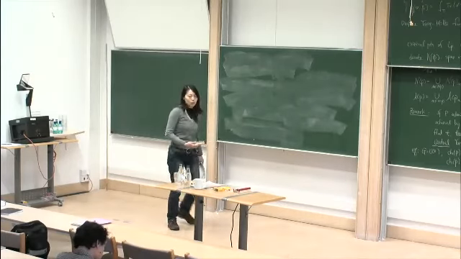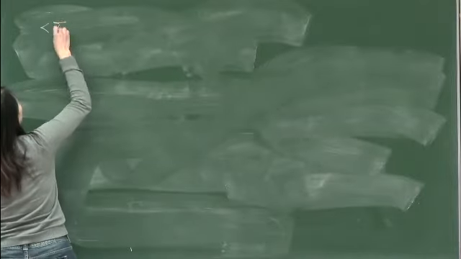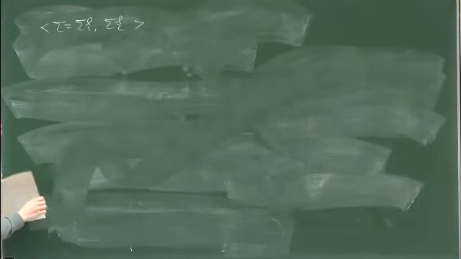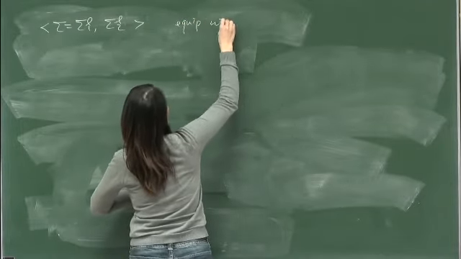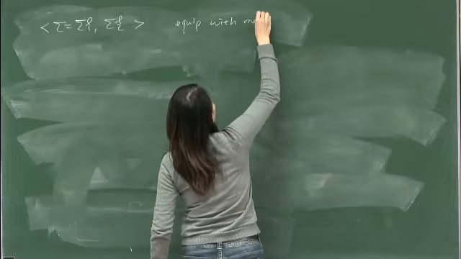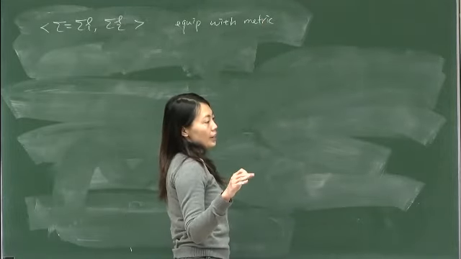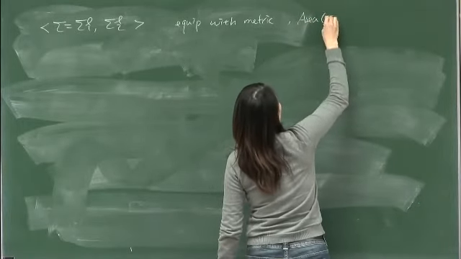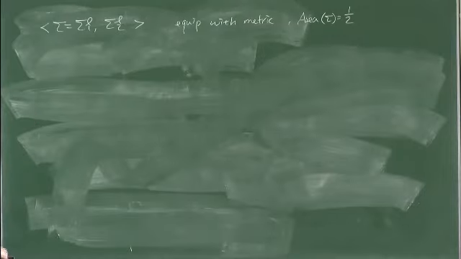Okay, so let sigma now be a non-orientable surface. We also equip it with a canonical metric such that the curvature is constant and the area of that is 1/2. Okay.